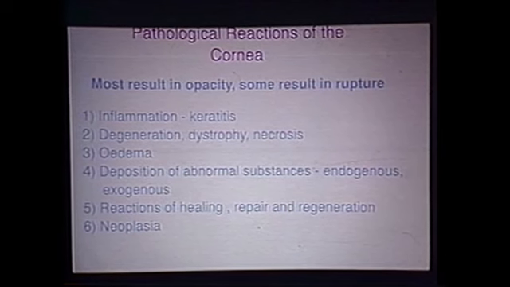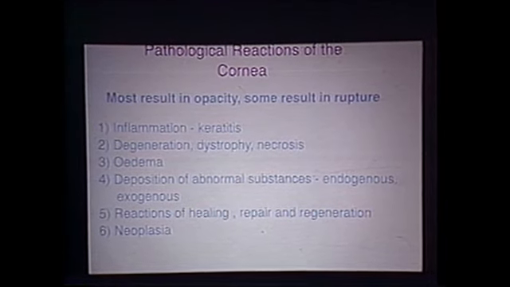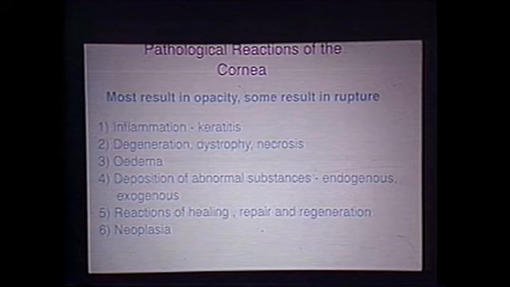Moving now to some of the pathological reactions that take place in the cornea, to a large extent the type of reaction that occurs in the cornea is similar to the type that can occur, for instance, in the skin, which is a very similar structure. So we have inflammation, or keratitis.